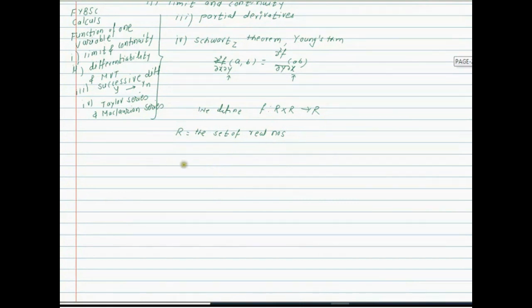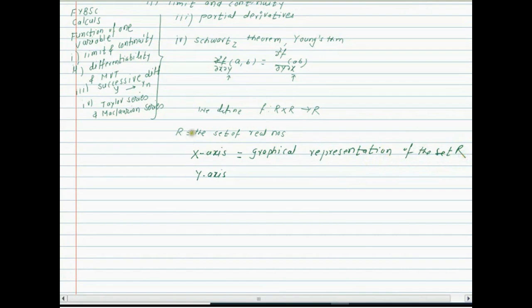Now what is the x-axis and y-axis? The x-axis is also a graphical representation of the set R. Similarly, the y-axis is also a graphical representation of the set R, the set of real numbers.